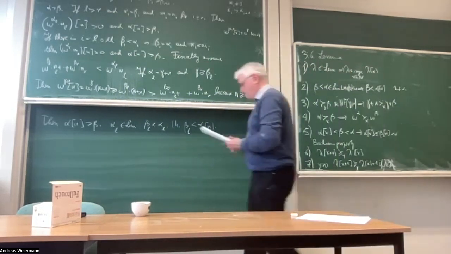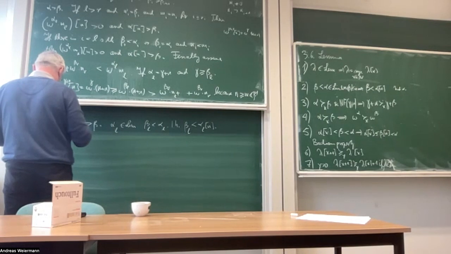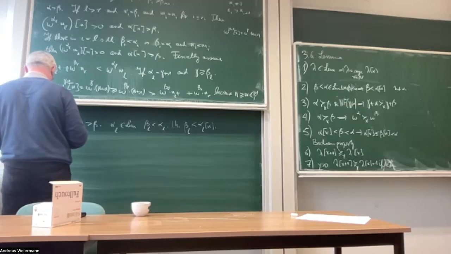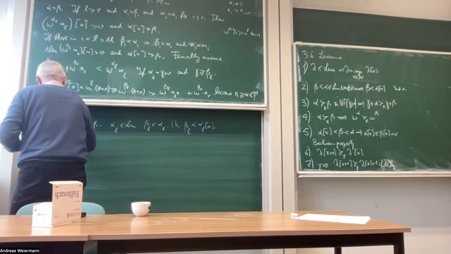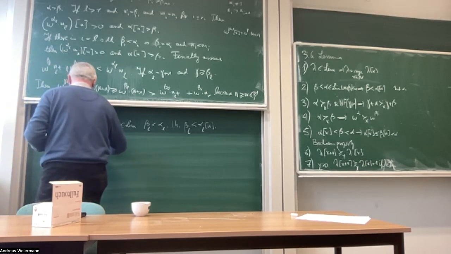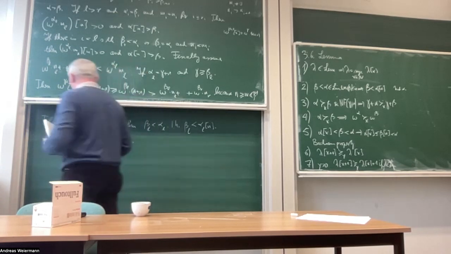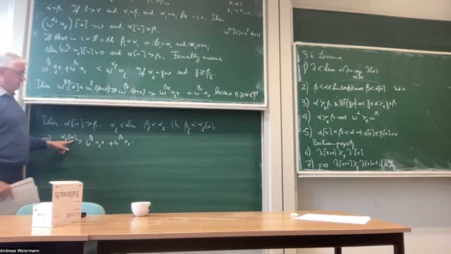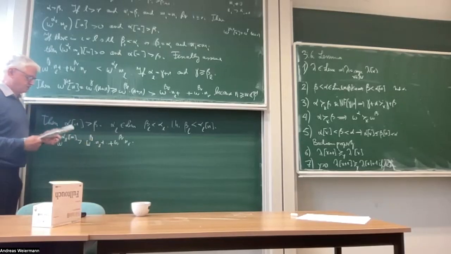This means omega to the alpha L of n is bigger than omega to the beta L times n L omega to the beta R times n, because alpha L at n is bigger than the first one, but all the other exponents are smaller than beta L, therefore this is going to hold.